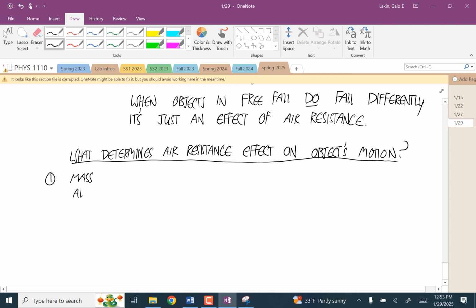So all else equal, a heavier object will fall faster than a lighter object. That's if they're the same shape, roughly the same surface, that kind of stuff. So a heavier object falls faster than a lighter object.